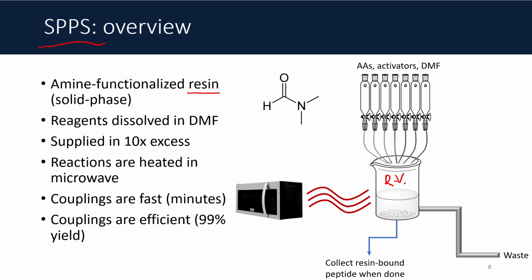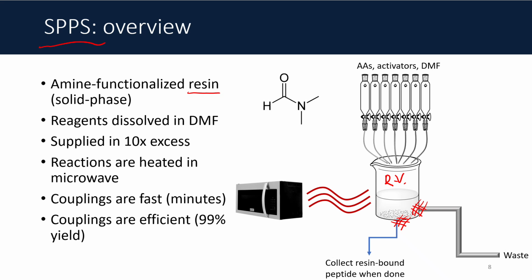But those valves are covered in very fine mesh coverings. The mesh lets liquid and solvent flow through while trapping and keeping the solid phase within the reaction vessel, and by extension, our growing peptide chain.